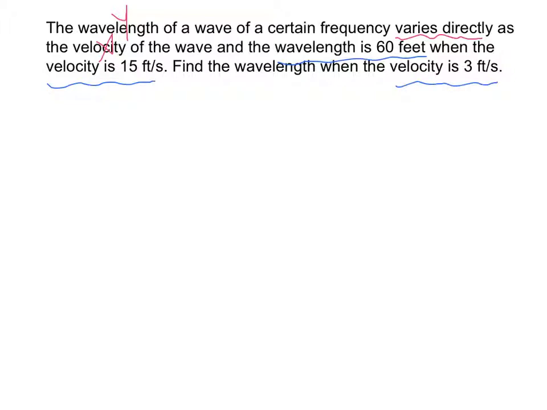Well, let's go ahead and write our equation first. Our equation is usually y equals kx. In this case, y is wavelength, so I'm going to use the correct symbols. So I'm going to use my wavelength symbol, lambda, which you should know from some of your physics things, equals k times velocity.